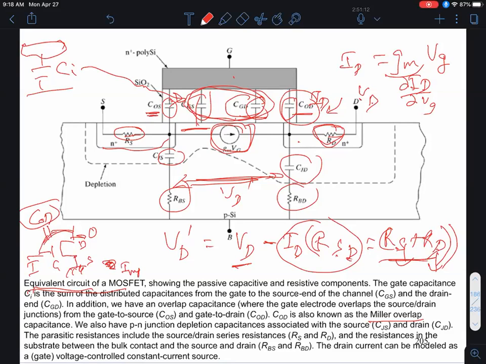Let's call it impedance of the capacitor is given by 1 over j omega C. So because of this j term, there'll be a phase shift between this node and this node, and that then causes a negative feedback capacitance, okay? The bottom line is you want this capacitance to be as small as possible, which means you want this overlap between the gate and the drain to be as small as possible, okay?